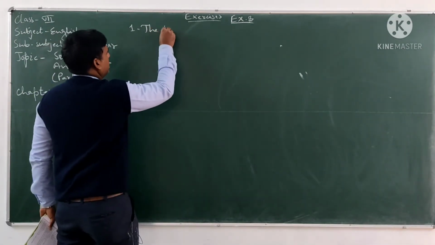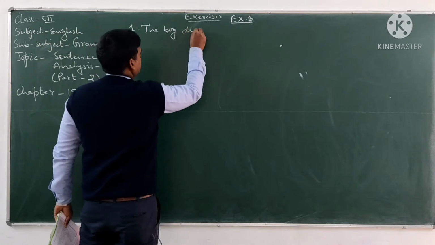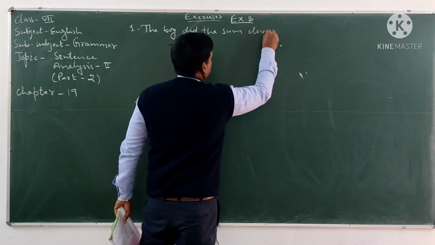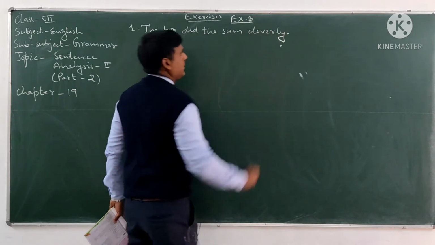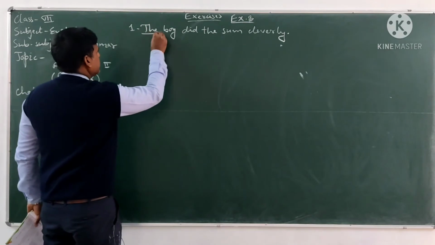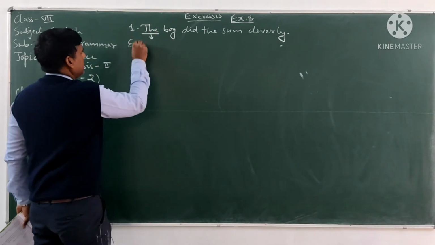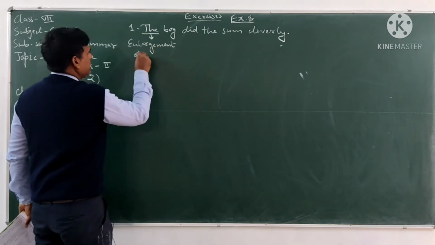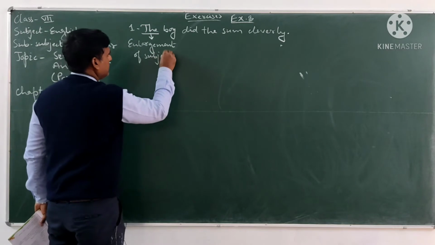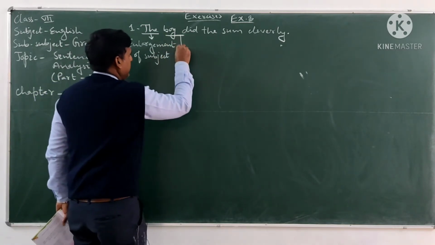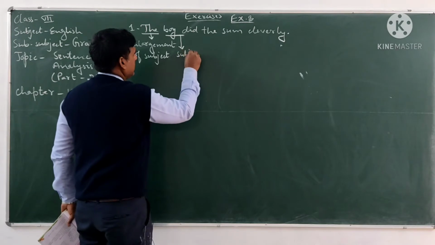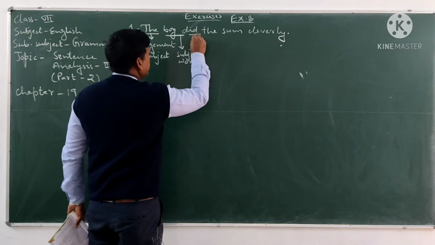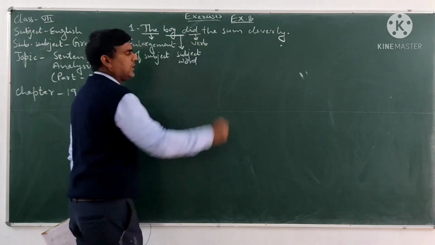The boy did the sum cleverly. Full stop. In this sentence, the is the enlargement of subject. Boy is the subject word. And did is the verb.